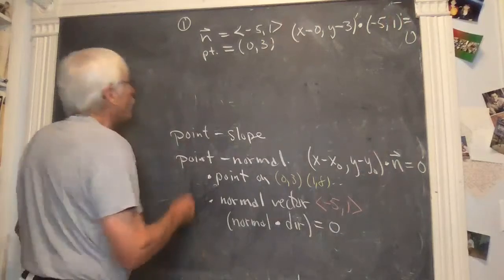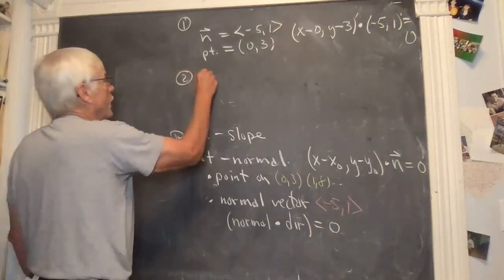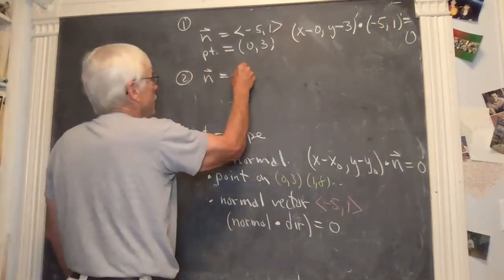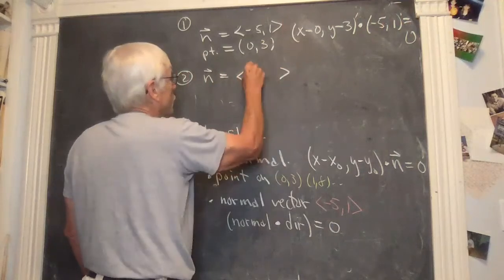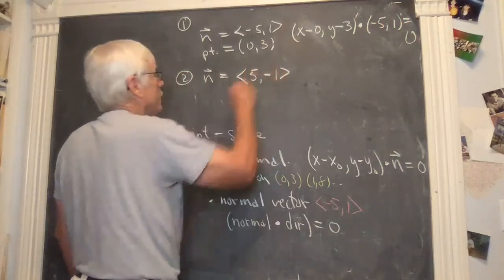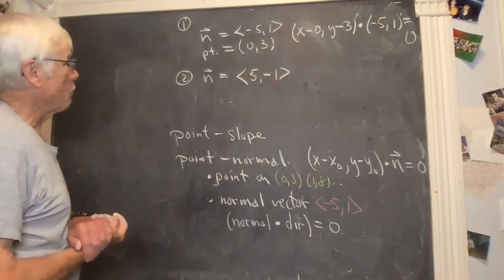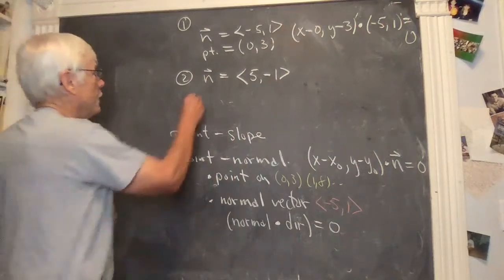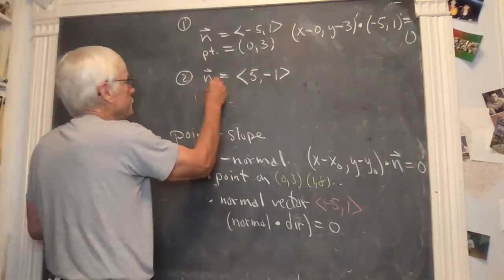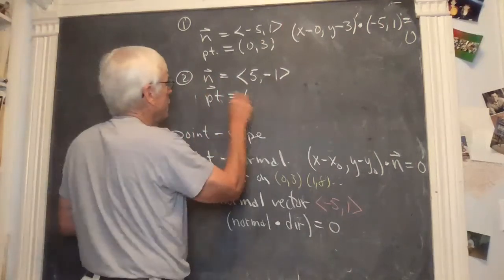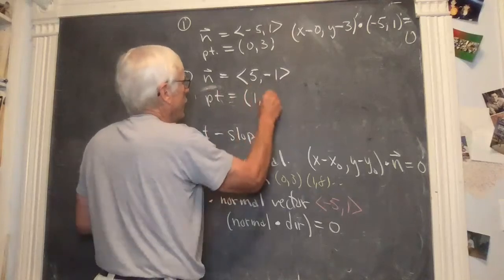And then for a second try, we could take the same n or a different n. For example, I could use 5 minus 1. That is also normal to the direction of the line. And the point on, in this case, we could take it to be 1, 8.